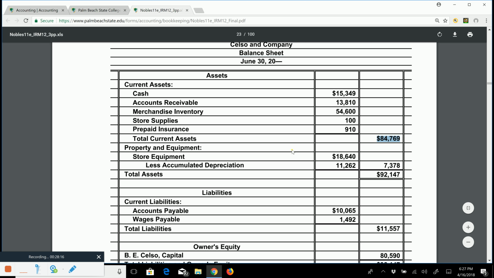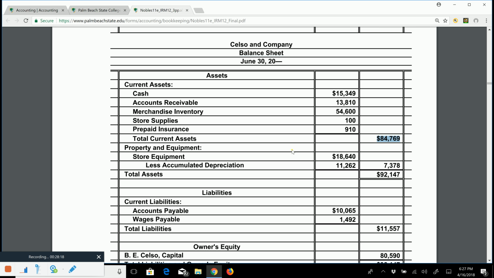And then we have our long-term assets, those assets that are going to be around for more than 1 year, typically. We have property and equipment. We have store equipment, less its accumulated depreciation, the contra asset. So if you take the subtraction, you get a net property and equipment of $7,378. Add it to your current assets, you get total assets of $92,147. That's one side of the balance sheet.